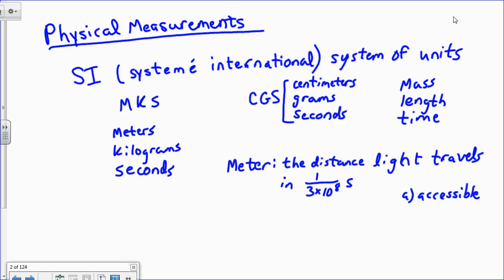But it was still a particular object in a particular place, and not everybody had access to it. So if you wanted to measure something, you'd have to go to France and find this meter, right? Obviously, we make copies of those, and that's what these rulers are. These are just copies of the standards that are housed somewhere. All right. What's another reason that the meter, this bar, might be a problem?